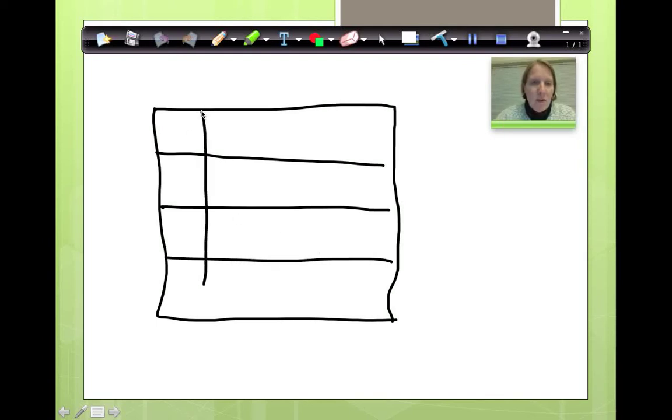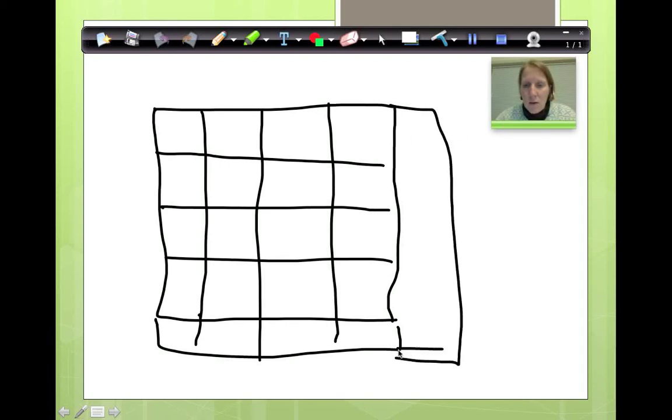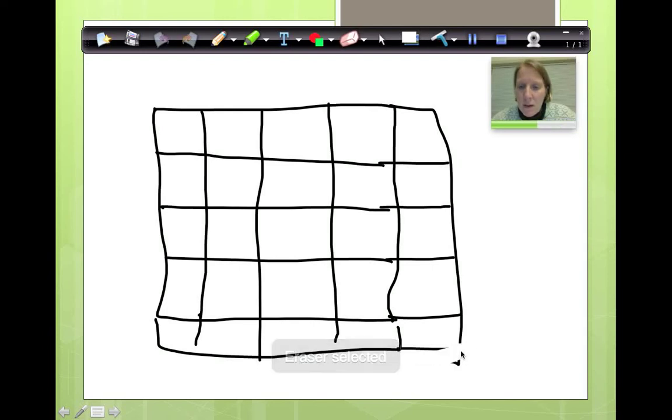I'm going to have to draw this. Whoops, I need another one. Goodness, this is not nearly as nice as yours. Now, oh, and I need another one. Goodness gracious. I'm going to have to do some erasing now because this is the grid that you're going to need when you're done. Okay, so let me fix this. Now this one is missing this, isn't it? We have a space like this.